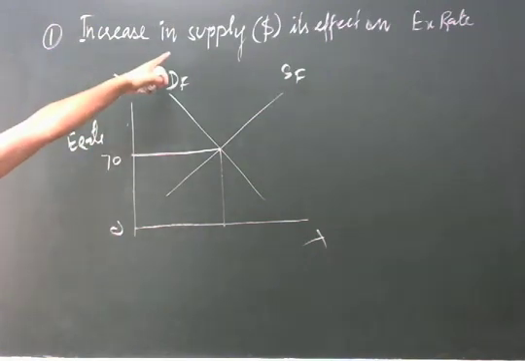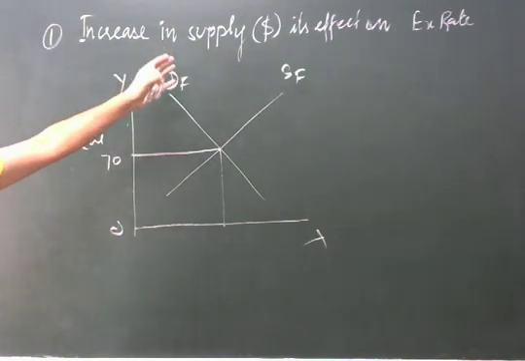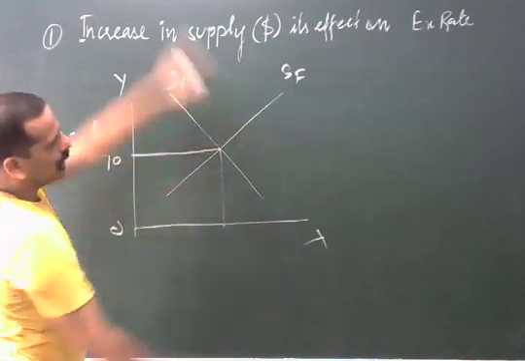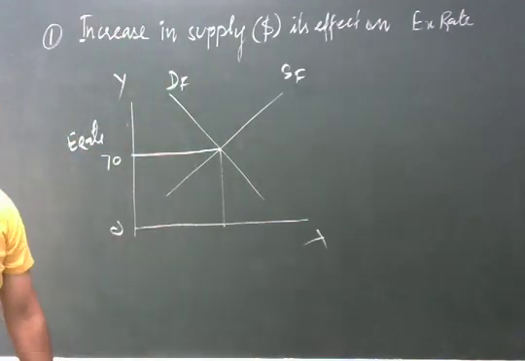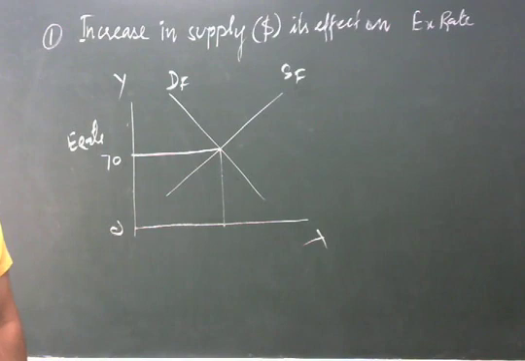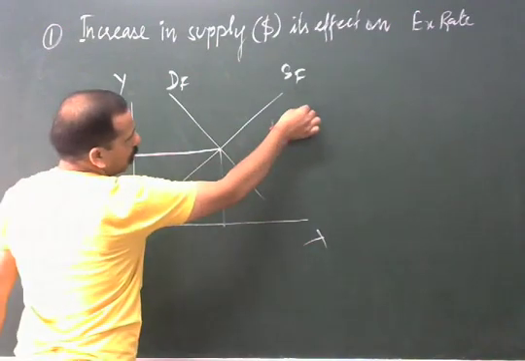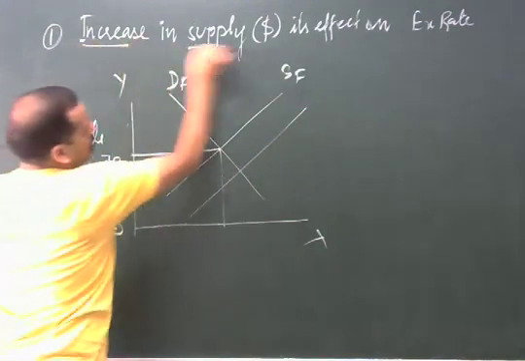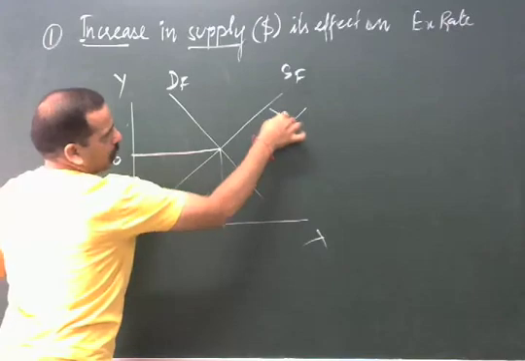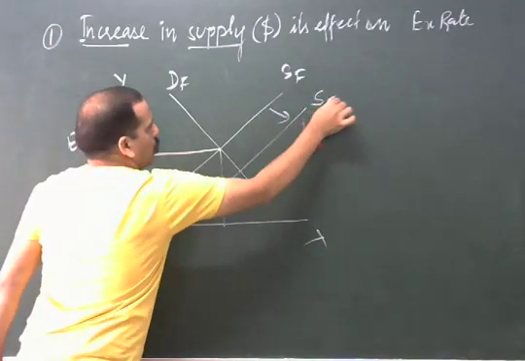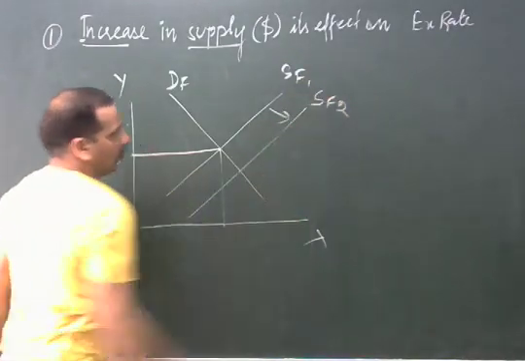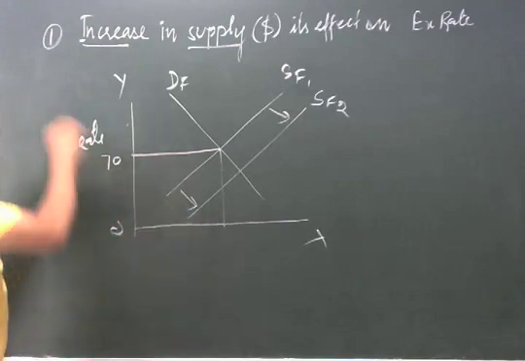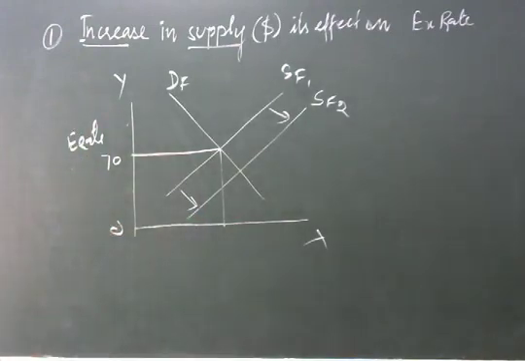In case of an increase in supply, will the supply curve shift left or right? Increase in supply means the supply curve from S1 to S2. So the supply curve always shifts to the right.